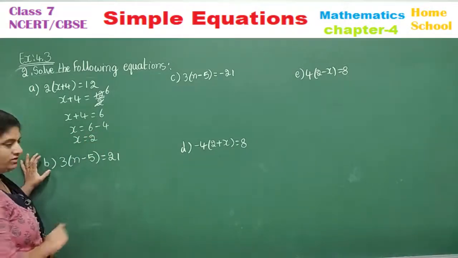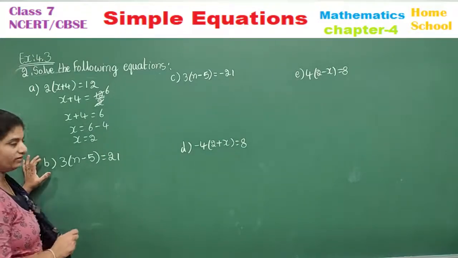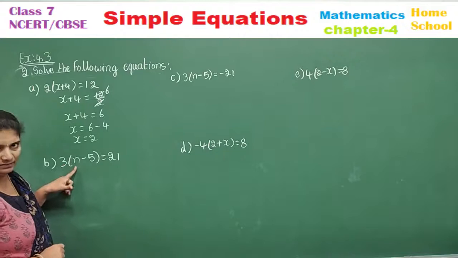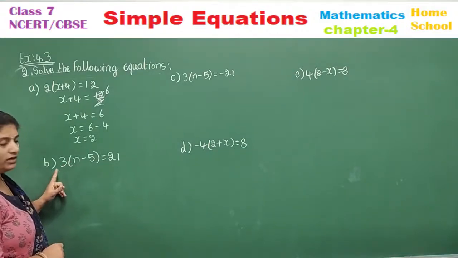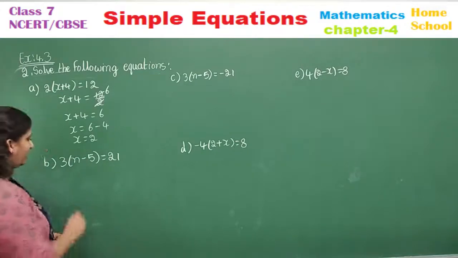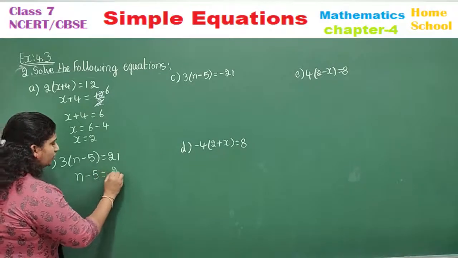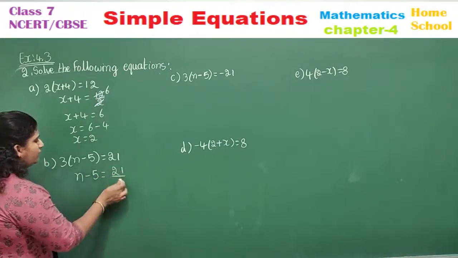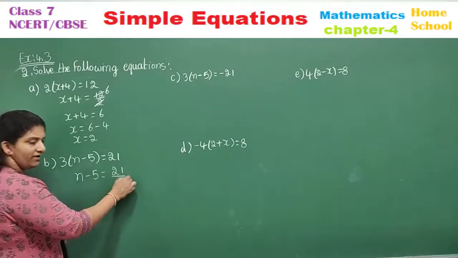B sub-question: 3 into (n minus 5) is equal to 21. The variable is n. 3 is multiplied. Okay, now this multiple, send to the other side, it will be divided. n minus 5 is equal to 21 by 3. 3 table, do you get 21?